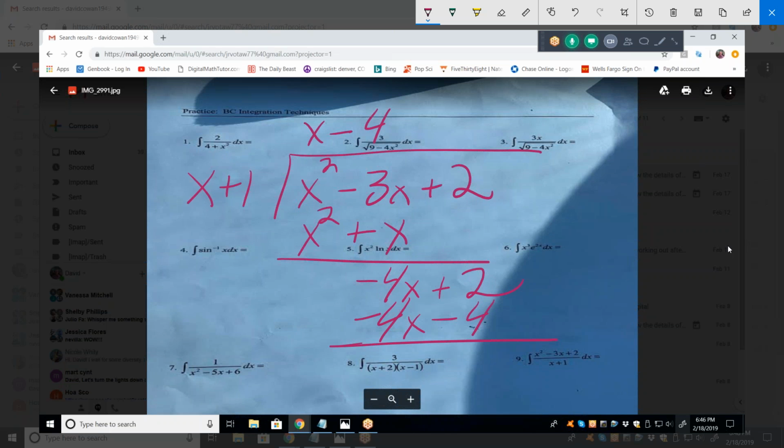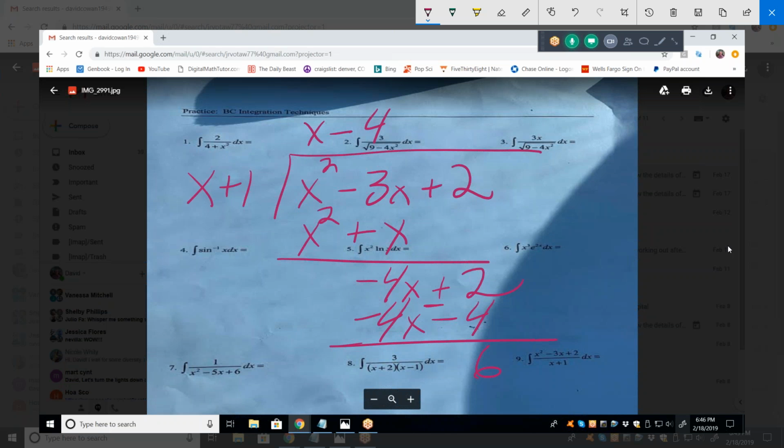0 for the 4x's, and then minus 2. No, and remember you're taking plus 2 minus a minus 4. So minus and minus 4, so plus 6. Correct. That's your remainder.